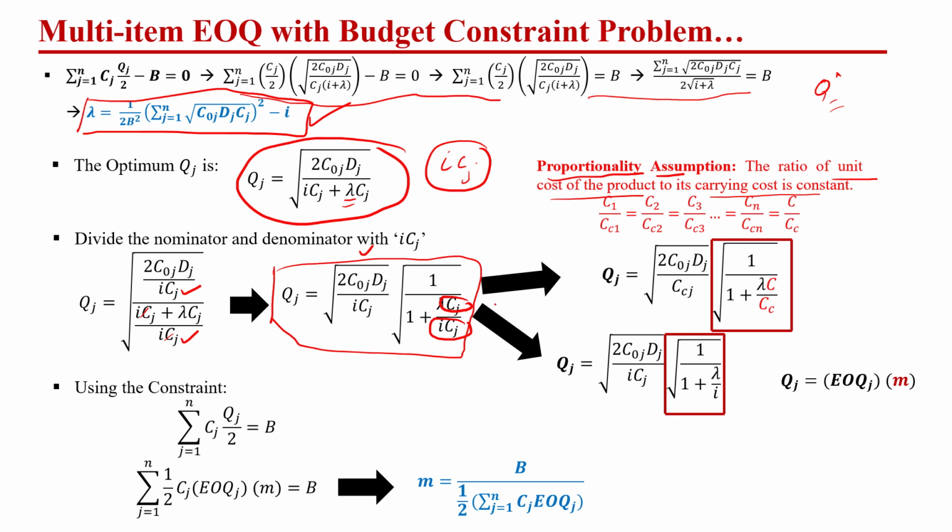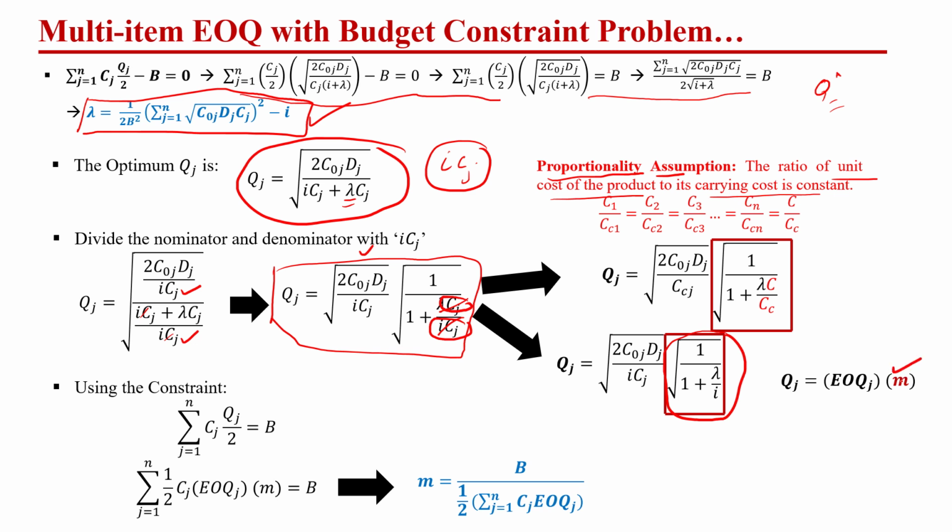If that is the case, then we can rewrite this as 1 plus lambda c, the unit cost, divided by the carrying cost. The other way is we can cancel out this Cj with Cj. We will get the value of square root of 1 over 1 plus lambda I, and now I am calling this part m.